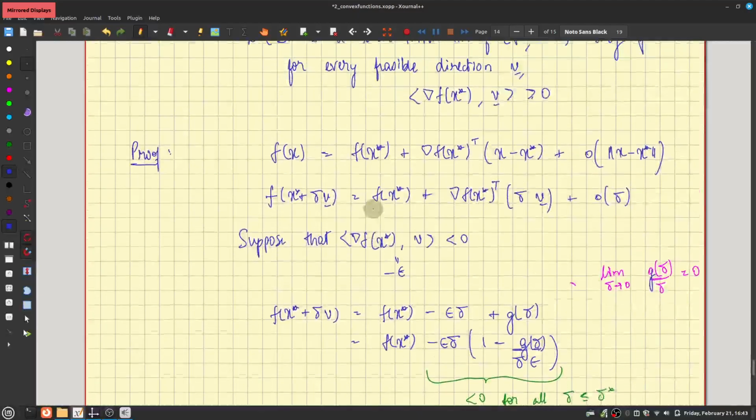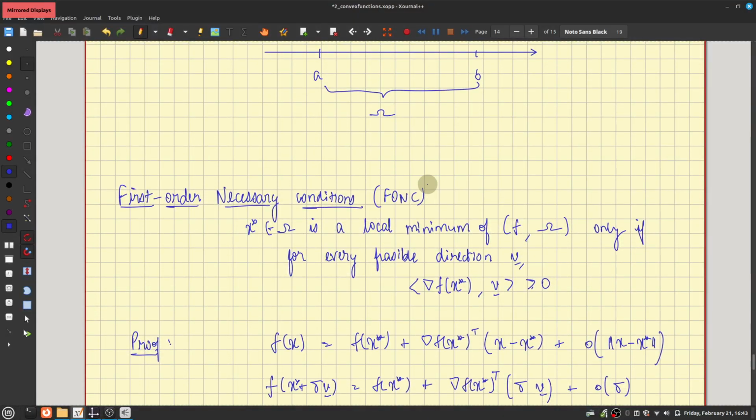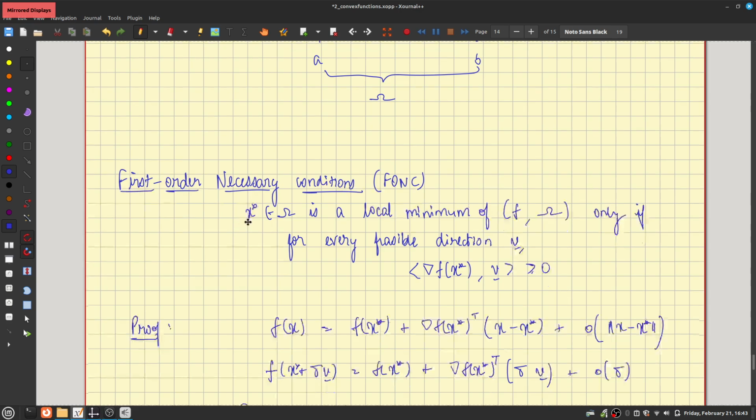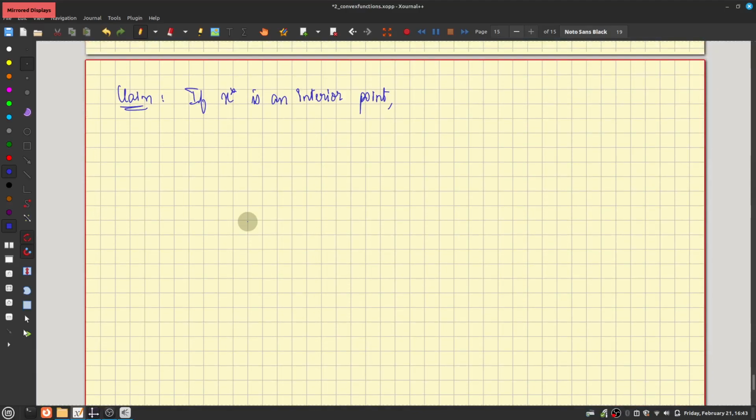So in this case, the first order necessary condition: if x is a boundary point, then not all directions are feasible. Only certain directions that take you to inside the constraint set are feasible. But now if you take an interior point, then all directions are feasible.